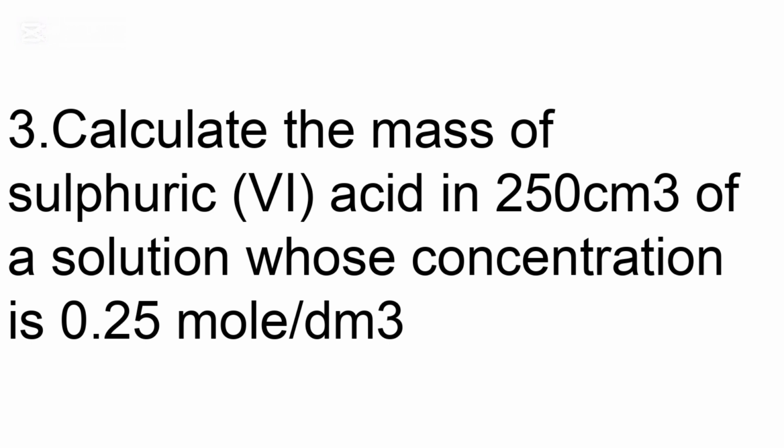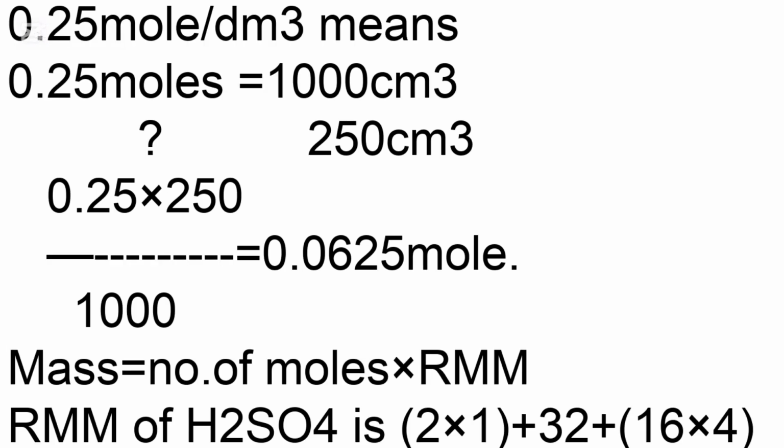Calculate the mass of sulfuric acid in 250 centimeters cubed of a solution whose concentration is 0.25 mole per dm cubed. So in this case, we are given that the molarity, which is mole per dm cubed, is 0.25. 0.25 moles are present in 1,000 centimeters cubed.